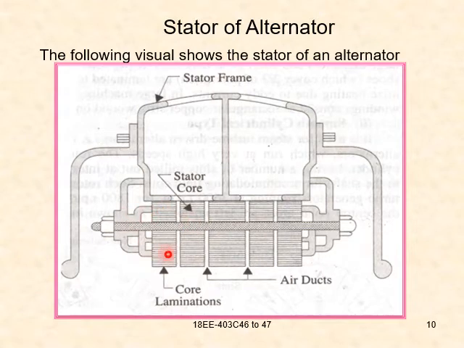And this part you can see the stator core, which is made up of silicon steel. In the previous slide we have seen, and you can observe that this is not a solid piece of the core. You can see these lines in that. That means it is cut into thin sheets, and these sheets are laminated to each other in order to avoid eddy current losses.